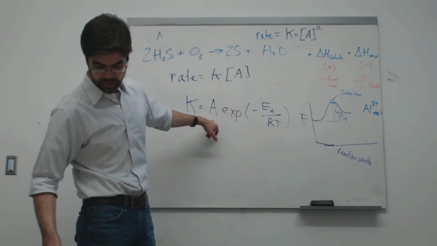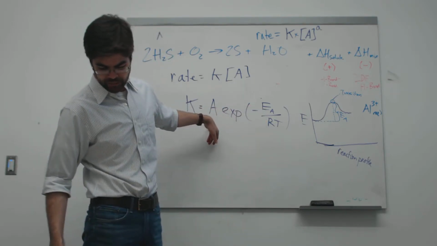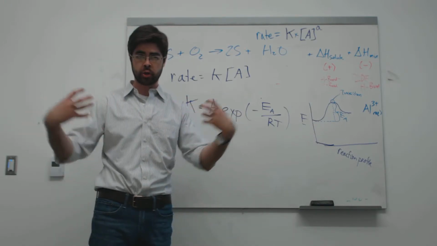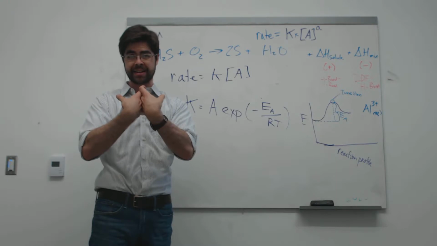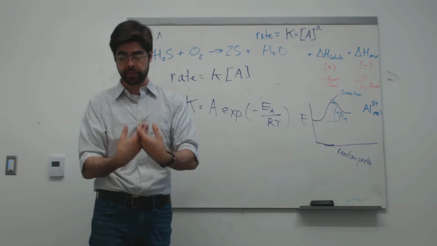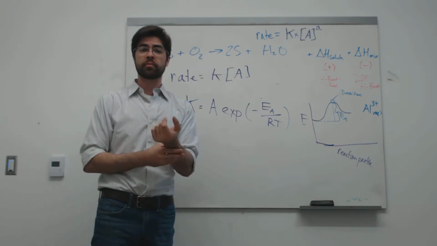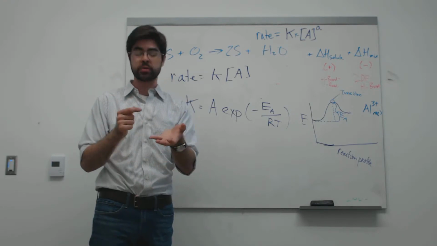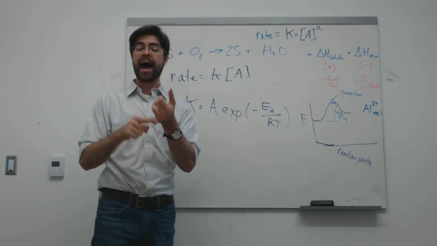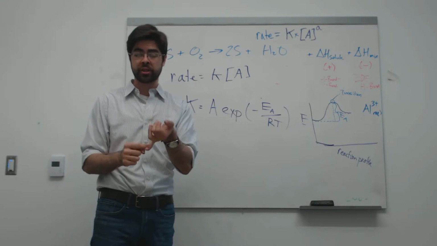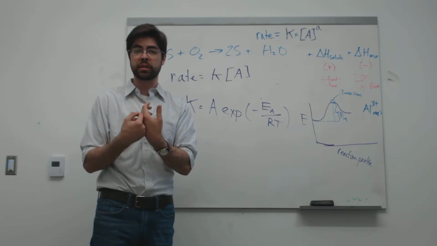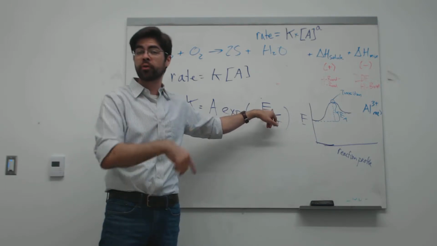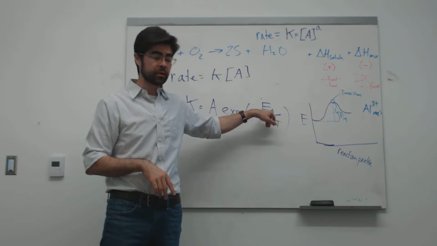The last term here is the collision factor. The idea of collision theory is that reactions occur when molecules, reacting species, collide with each other. If we work from that assertion, then the rate of the reaction is going to depend upon what fraction of those collisions have the necessary energy to go over the activation energy barrier.